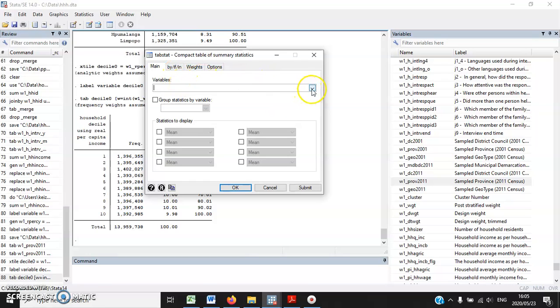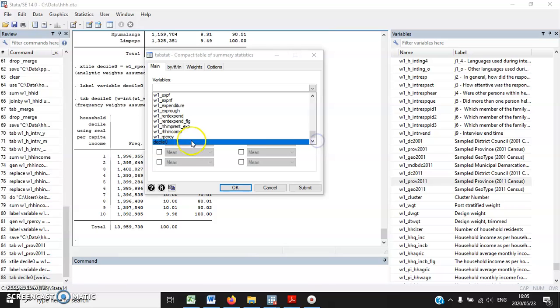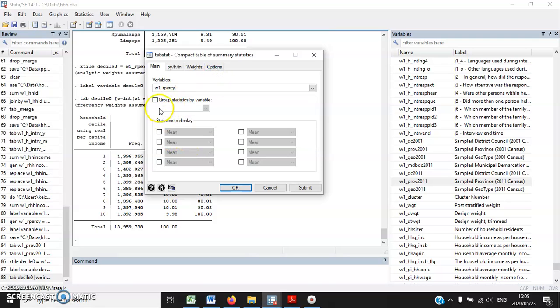W1, maybe I can select the variable. I know where it is located at the bottom. W1 underscore real per capita income. Statistics by decile 0, the household decile. I just want the mean. Let me stop for 5 seconds before I specify the weight variable.